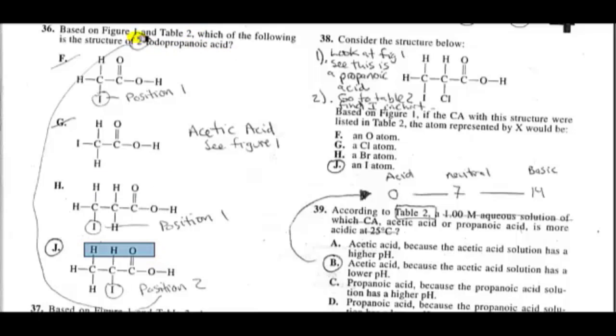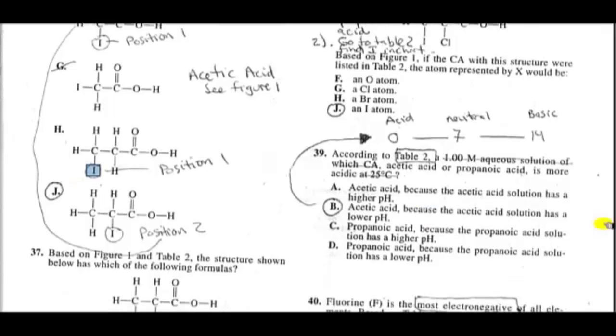Now we need to put the iodine, or I, on the second position. In answer choice H, iodine is on the first position. We need it on the second. Over here, iodine is on the second position, and therefore the correct answer choice is J for problem 36.